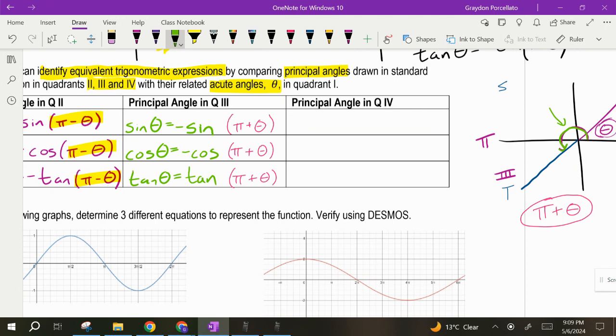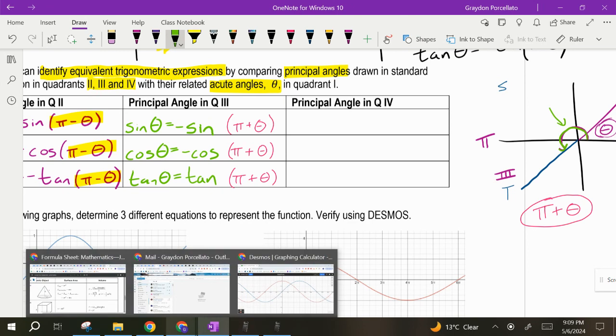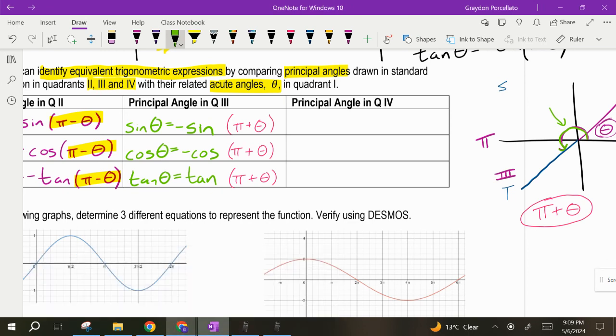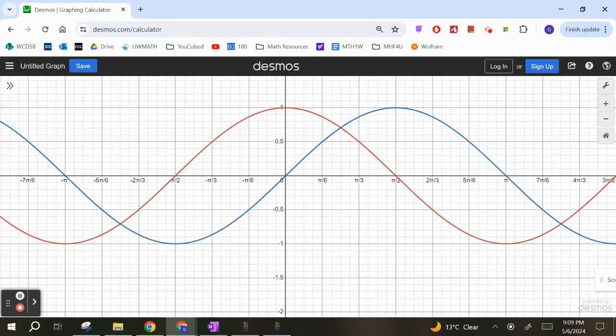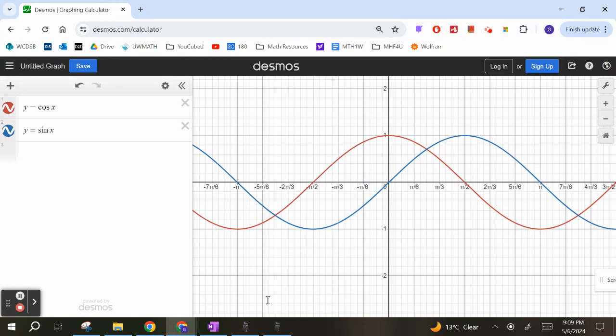So what we're doing is we're showing equivalent trig expressions. Now what I could do quickly here is show you this looking at our graphs. So let's look at cos, and let's do this quickly.